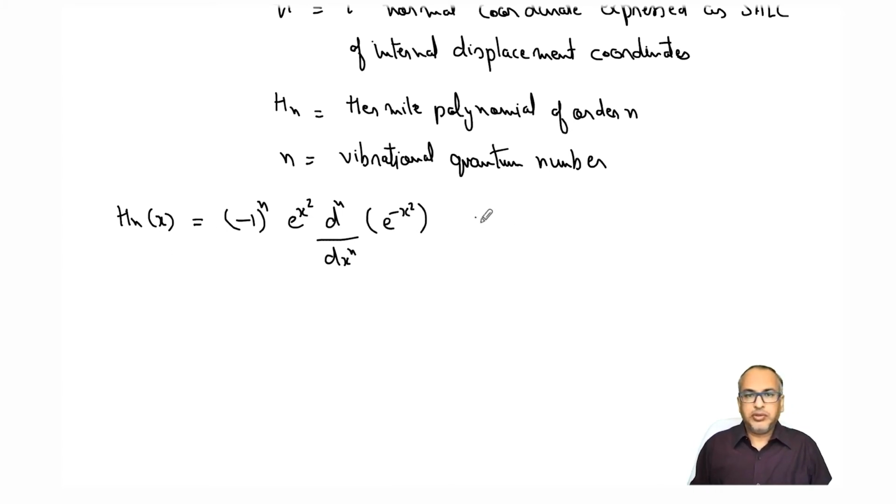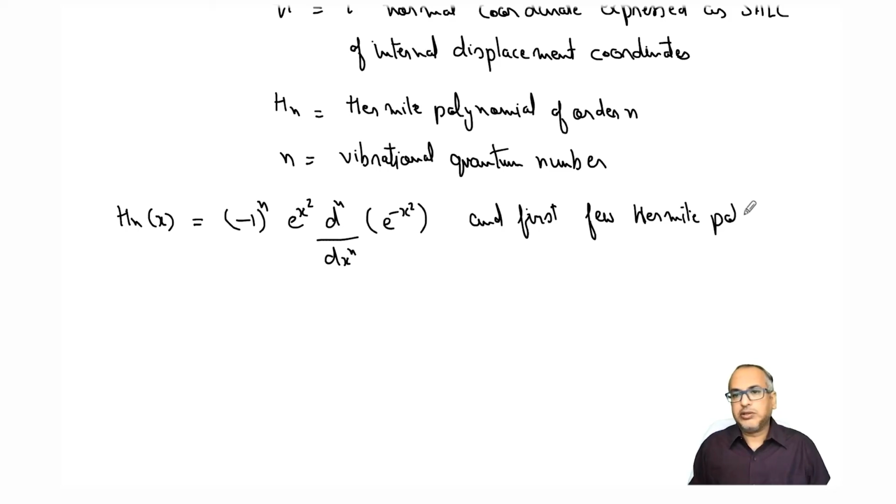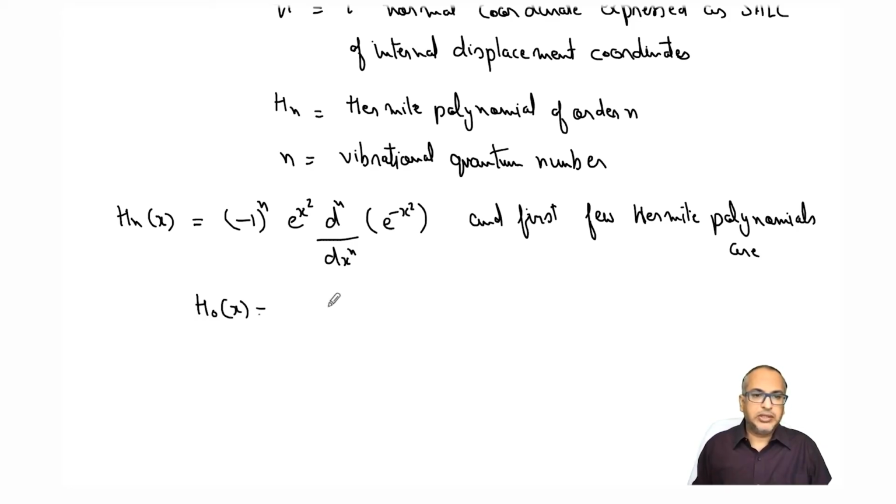So, the first few Hermite polynomials are, let's try to write down. So H0 of x is 1, H1 of x is equal to 2x.